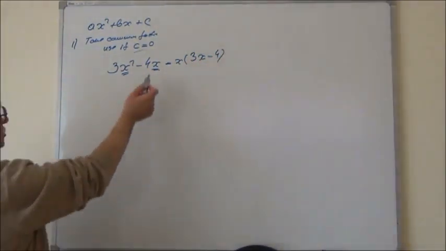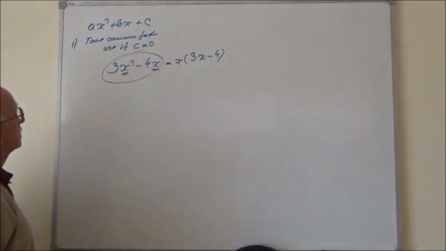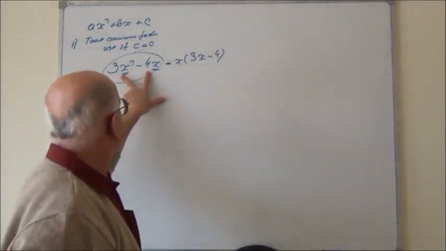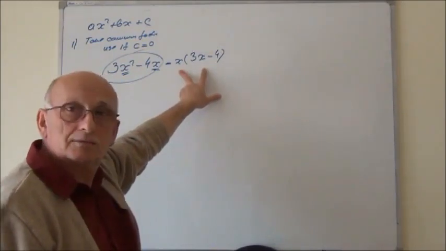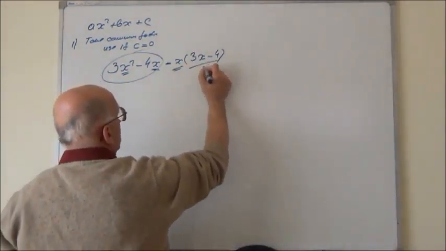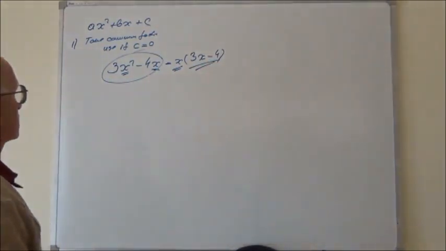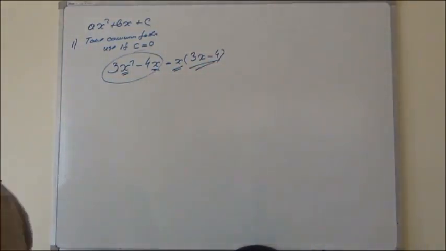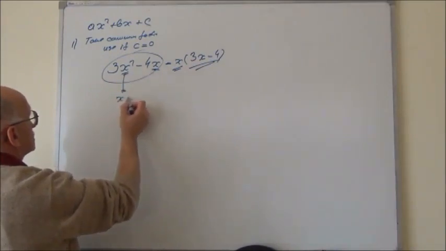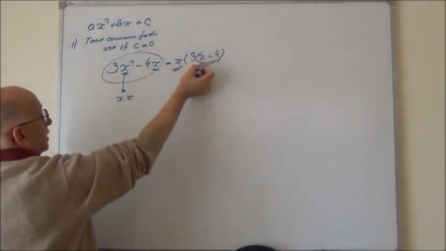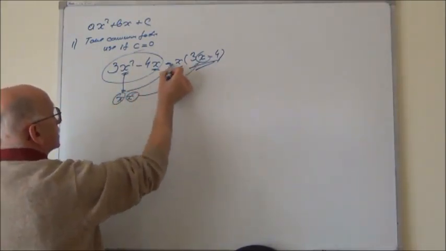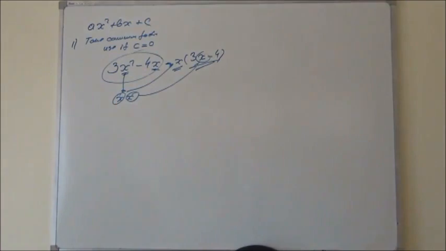So we changed this expression in terms to one expression in factors, because one factor is x, another factor is 3x minus 4. Don't forget, x squared is actually x multiply x. That's why we have 1x here and another x from this term.